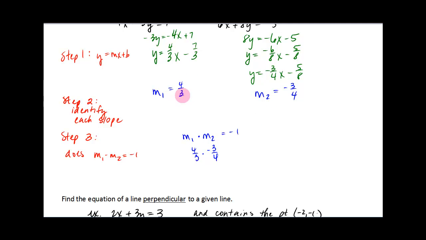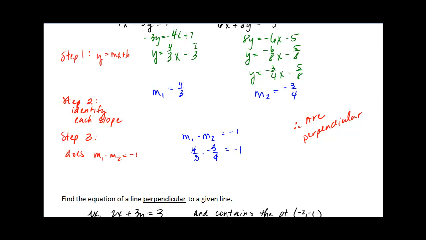Sure enough, I get negative 1. So in other words, these are perpendicular to each other. They are perpendicular.